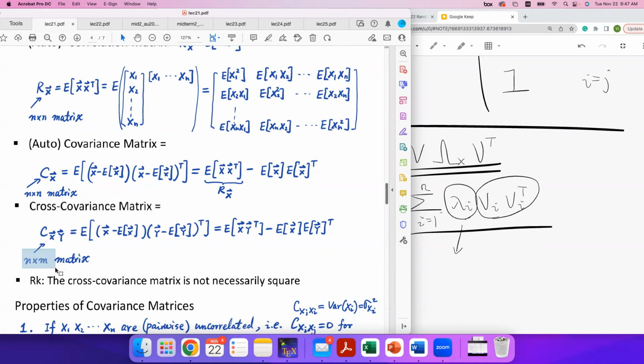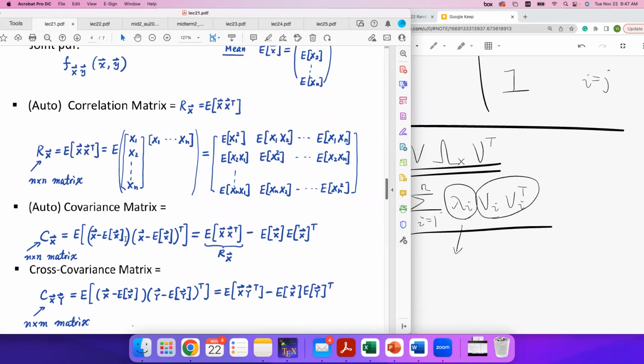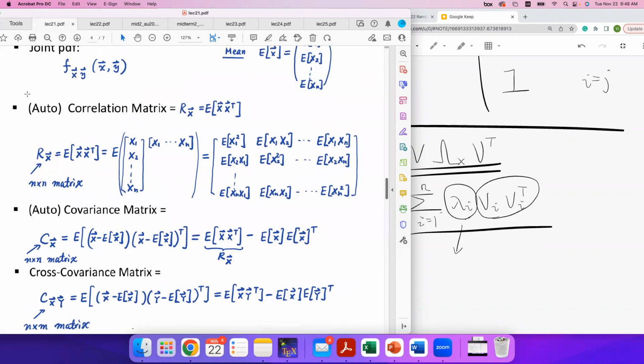So this matrix is not square in general, and for this one we cannot do eigen decomposition. And for the autocorrelation matrix, this one is also a symmetric and positive semi-definite matrix. We can also have the eigen decomposition for this matrix.